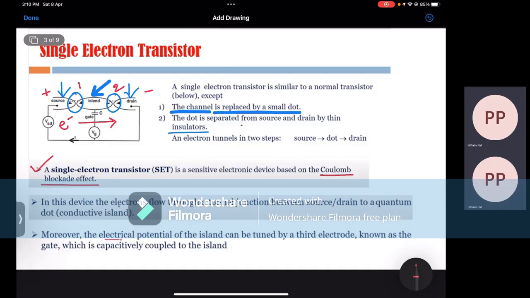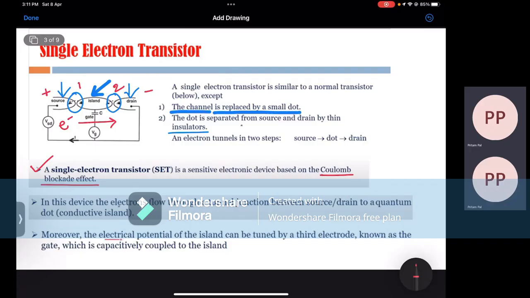So you can say even the movement of carriers is controlled at the electron level. The electron flows through a tunnel junction between the source and drain and a quantum dot, which is basically a conductive island.